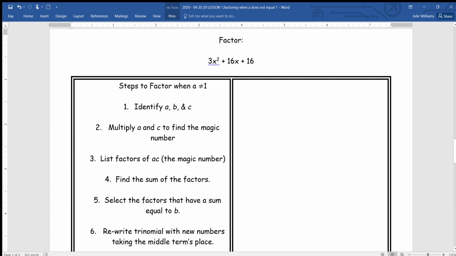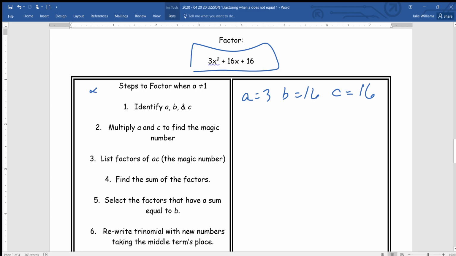Now the steps are no longer there, or the little lines, but these guys left these for you. So here we go. What's the first step? Well, here it is, A, B, and C. So A is 3, B is 16, C is 16.